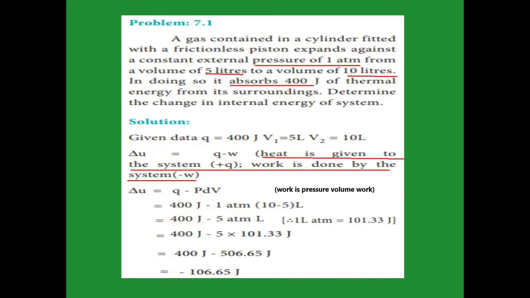Put 10 minus 5, we get 5 liter, and then 5 into 1 we get 5 atmosphere liter here, and then 1 atmosphere liter is 101.33 joule. So 5 atmosphere liter means we get 506.65 joule. Then 400 joule minus 506.65 joule, we get a negative quantity of 106.65 joule for the internal energy change.